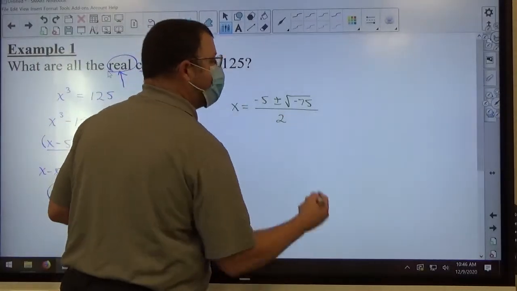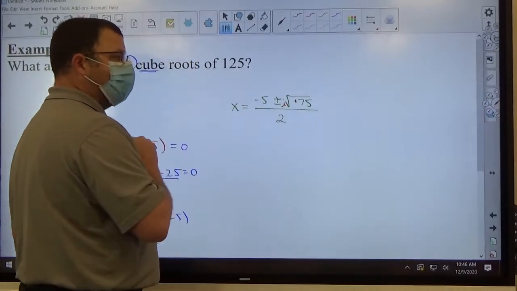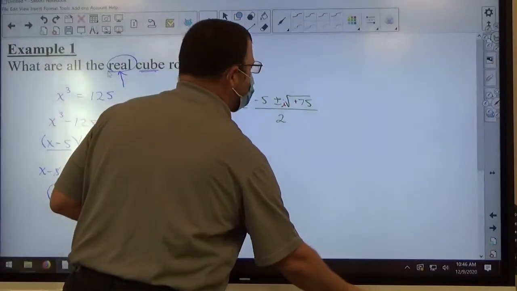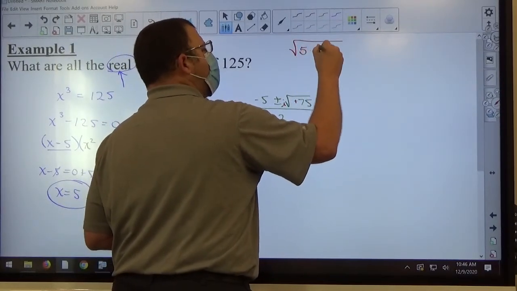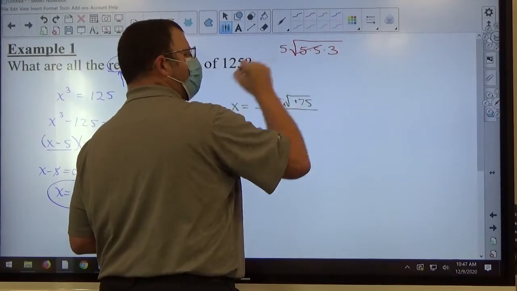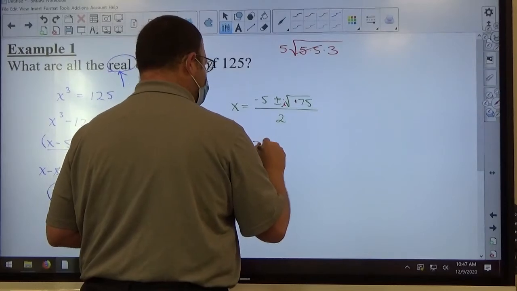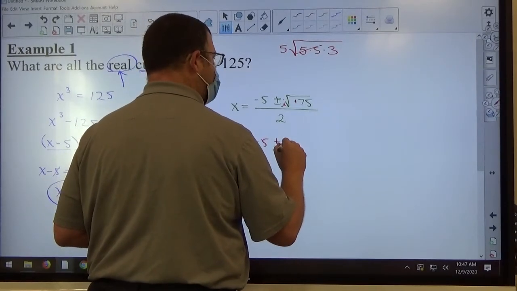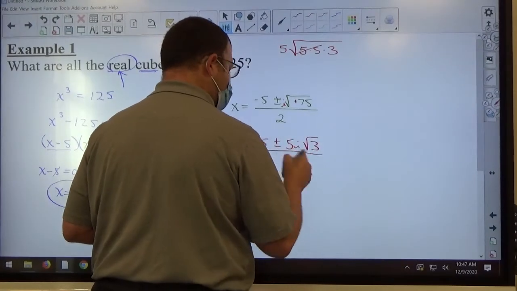Remember that when there's a minus sign in the square root, it becomes a plus with an i outside the square root. The other thing I notice is 75 is 5 times 5 times 3. That's the same as 75, so I can chop a 5 off and a couple of 5s, put a 5 out there. So I end up with x equals negative 5 plus or minus 5i times the square root of 3 over 2. Those are the other 2 roots.